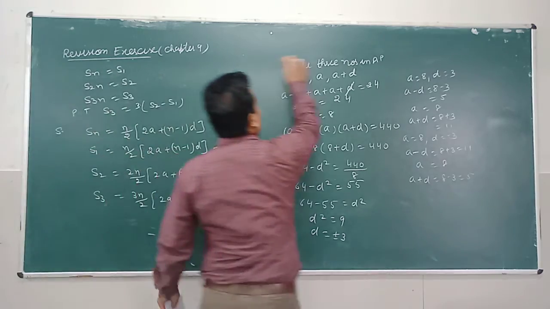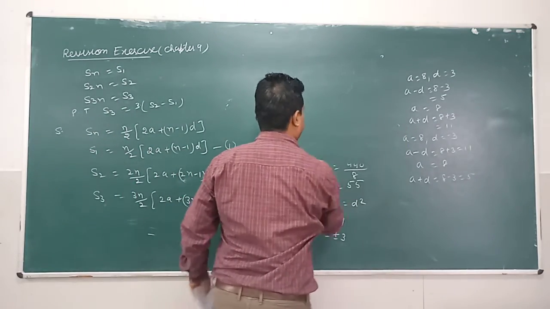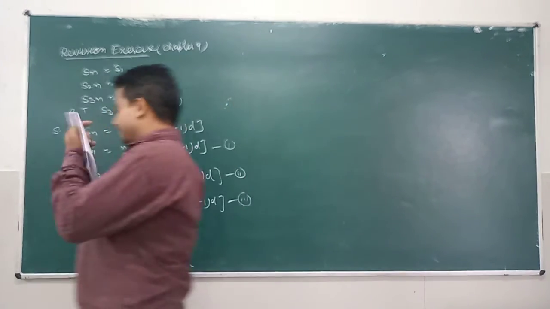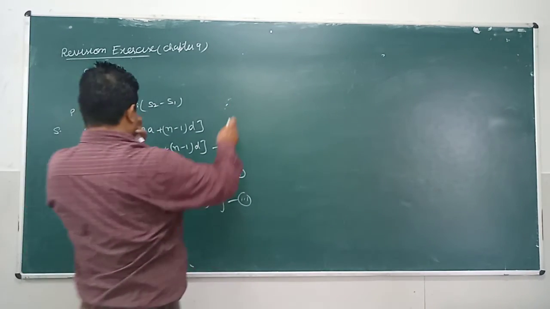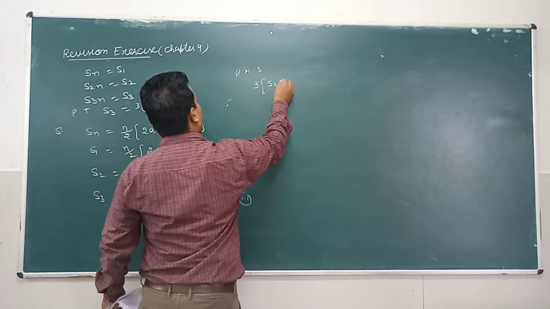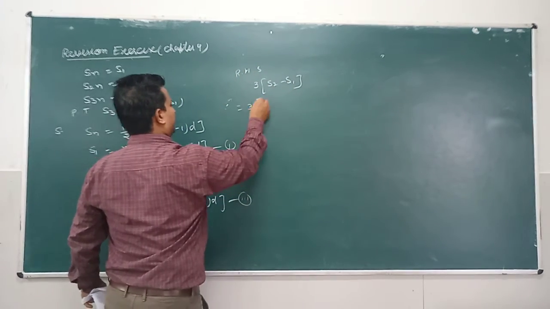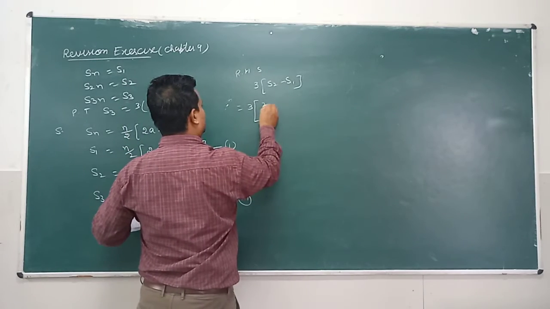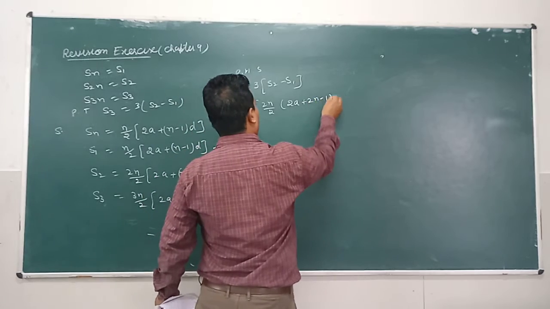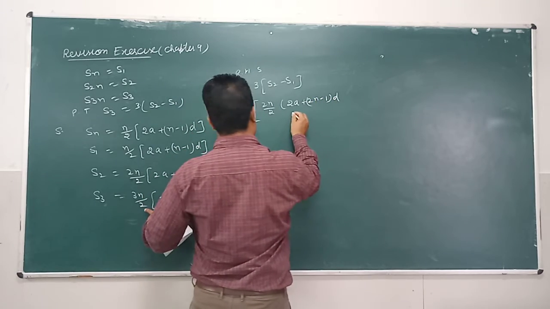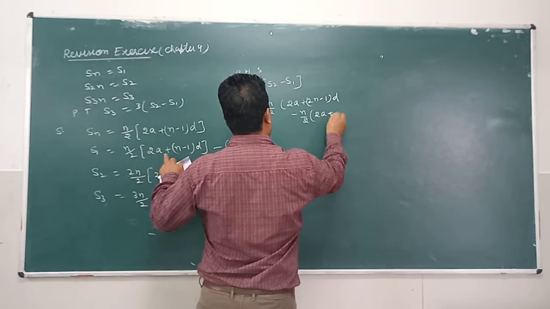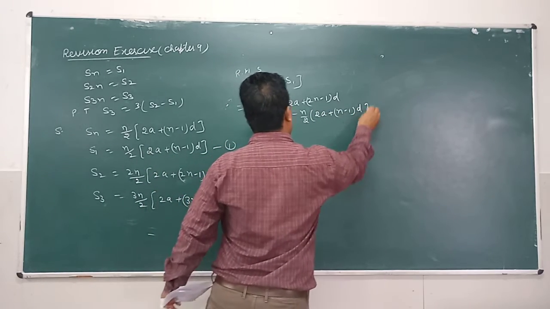So the left hand side of the question is S3, and we write first RHS, 3 into S2 minus S1. Put the value of S2. S2 is 2n upon 2, 2a plus 2n minus 1 into d, and S1 is n upon 2, 2a plus n minus 1 into d.